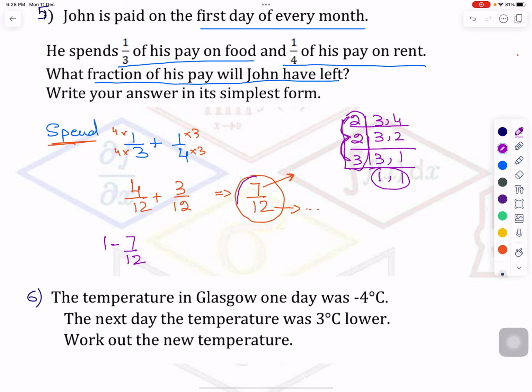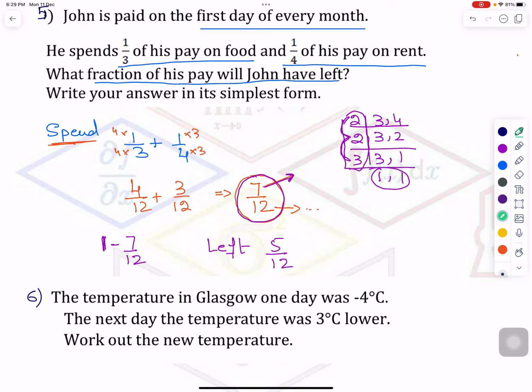Because if you understand the meaning, it simply means 7 parts spent out of 12 parts. So what is 12 minus 7? 5. So you can say what is left with him is 5 upon 12. 5 parts out of 12 parts are left.